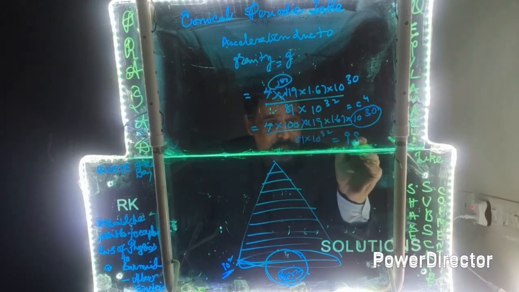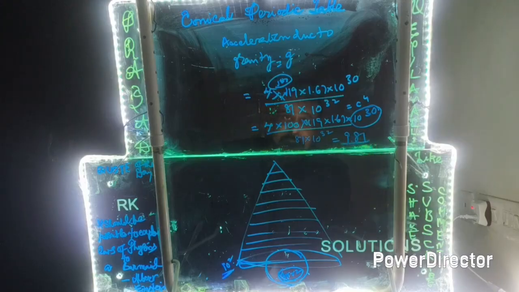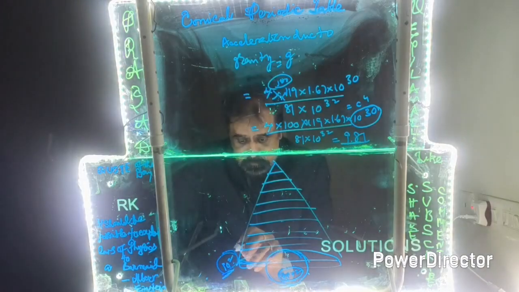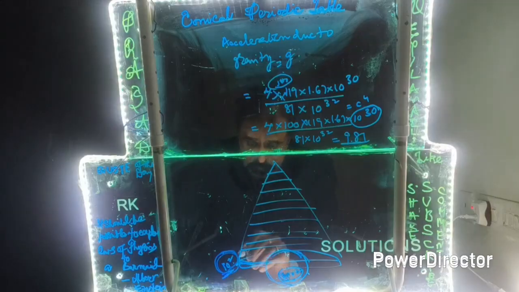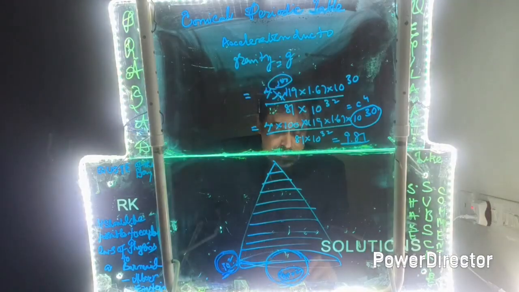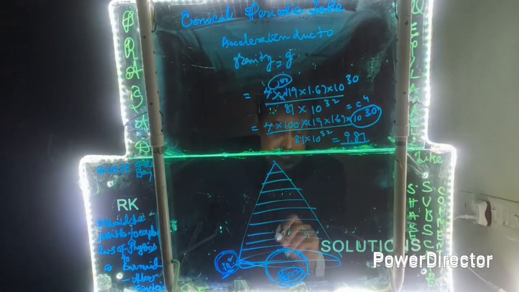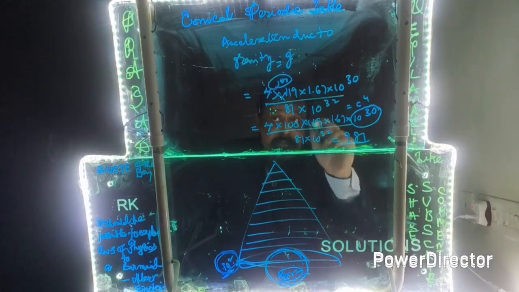Now we will have perfectly 9.81, meaning whatever this gravity is, it has such four bosons. These bosons are represented by 10 square. Whatever boson represents 10 square, such four bosons this gravity will contain.